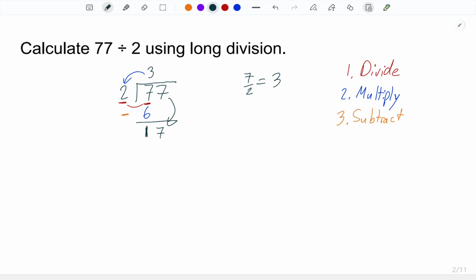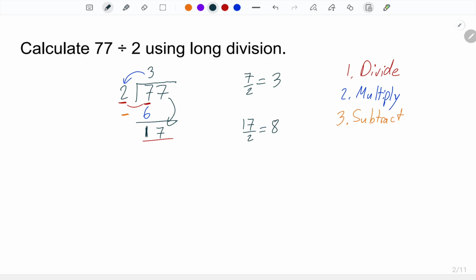Okay, and now we want to figure out what 2 goes into. We can't divide it into the 1 anymore, but we can divide it now into the larger thing, which is 17. So we basically now repeat the whole process. 2 into 17 is going to be 8.